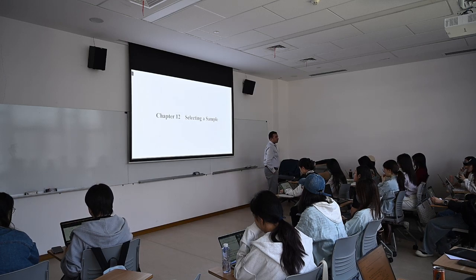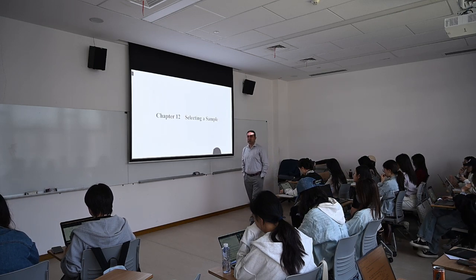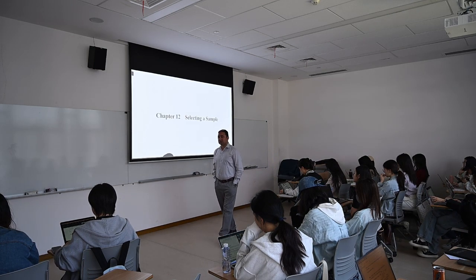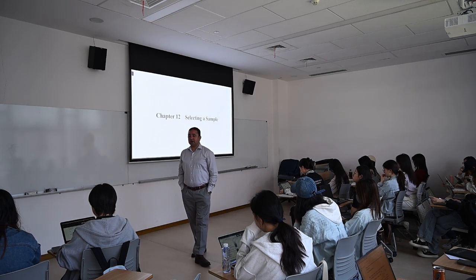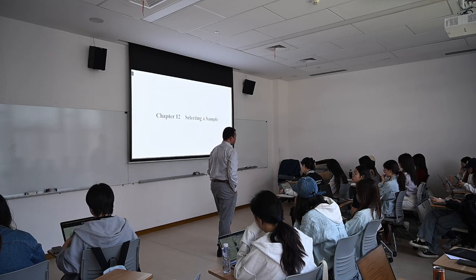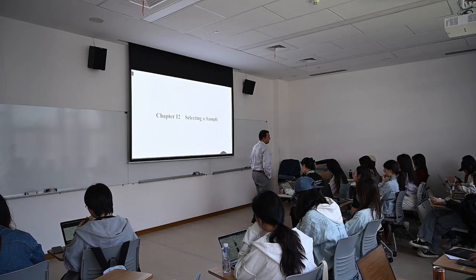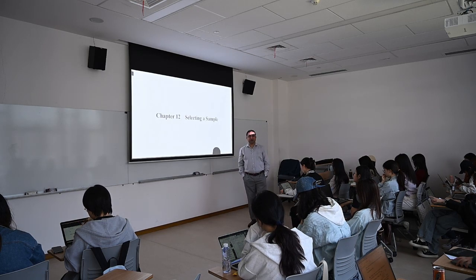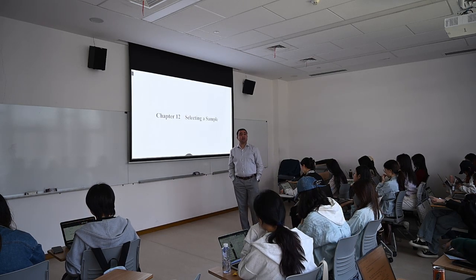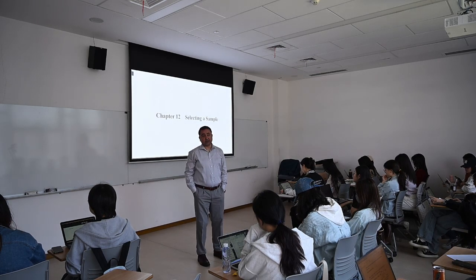If you have any questions about your previous chapter, you can ask. We discussed the different data collection methods used in quantitative research and also in qualitative research. We discussed observation, primary and secondary sources, or primary data and secondary data.